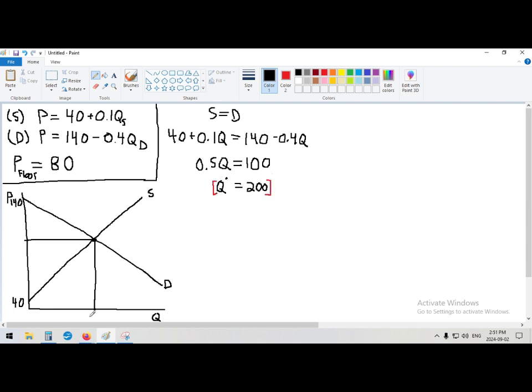So this point down here is going to be the competitive market equilibrium of 200. Then if we go up and plug it into either supply or demand, it doesn't matter at this point, we can find the market price. Let's plug it into the supply curve: price is 40 plus 0.1 times 200.